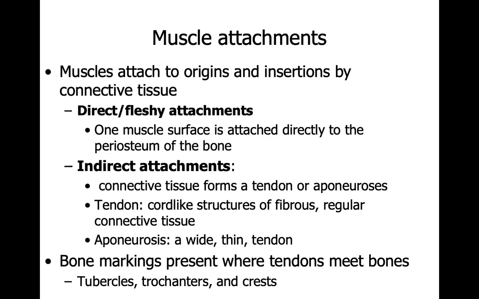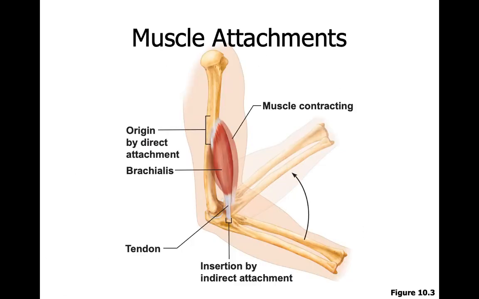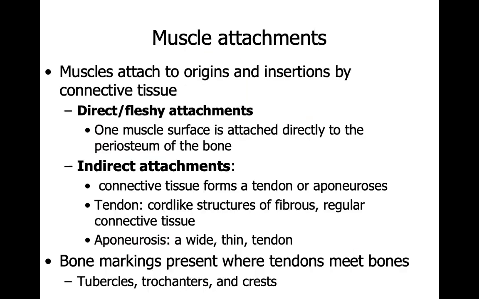Now, as I mentioned earlier, we have something called direct versus indirect attachment for muscles. Looking at this, this is a direct attachment, this is an indirect, and you can clearly see a difference between the two. So what are these? Direct or fleshy attachment is when the muscle surface is attached directly to the periosteum of the bone.